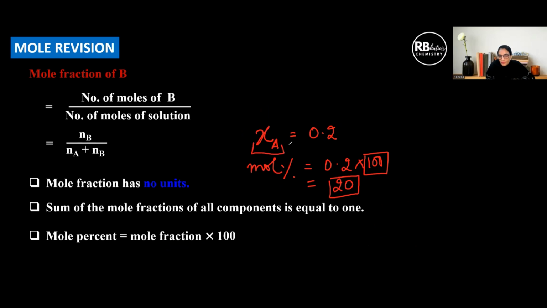And mole fraction equal to 0.2 means out of a total of 1, the number of moles of component A is 0.2. So mole fraction is part of a whole. That means if we are assuming the total to be 1, then we express it as mole fraction. If we assume the total to be 100, we express it as mole percent.